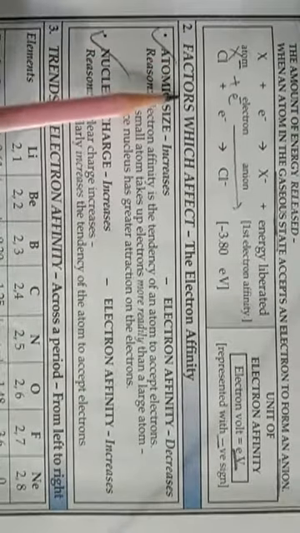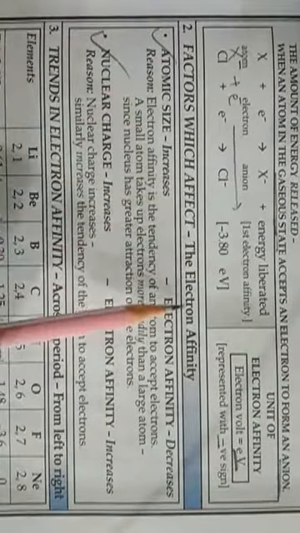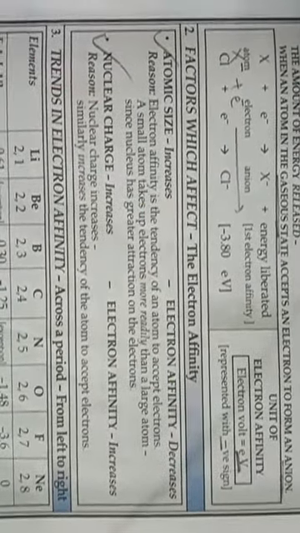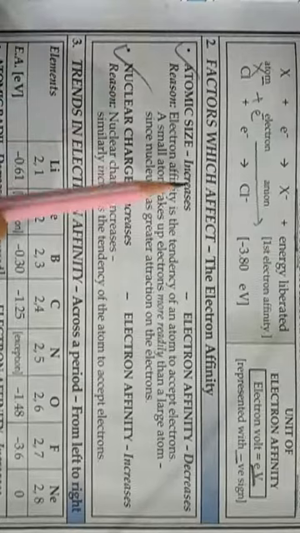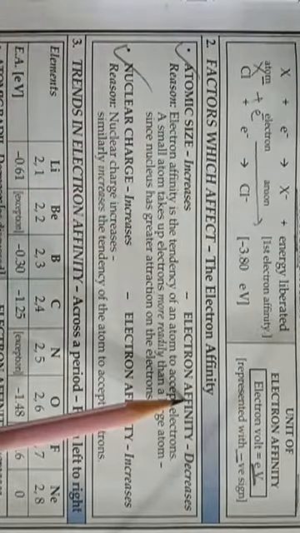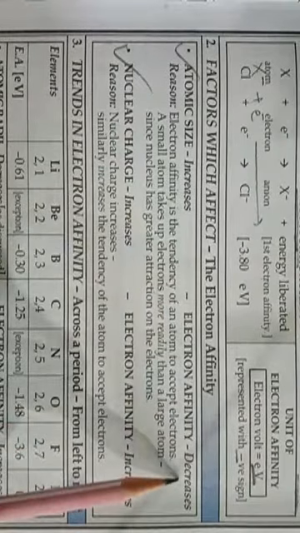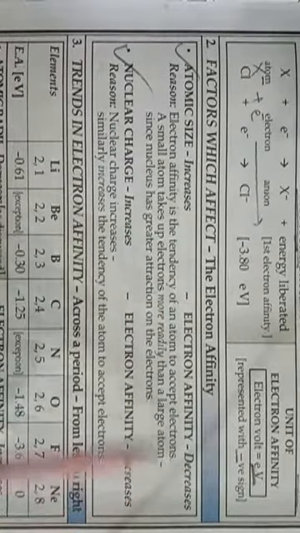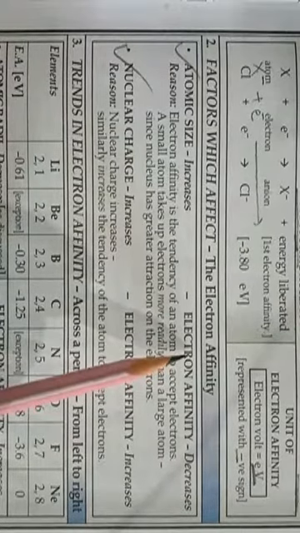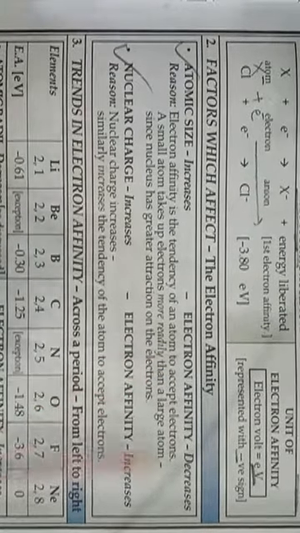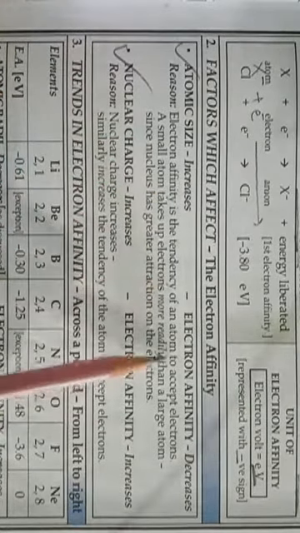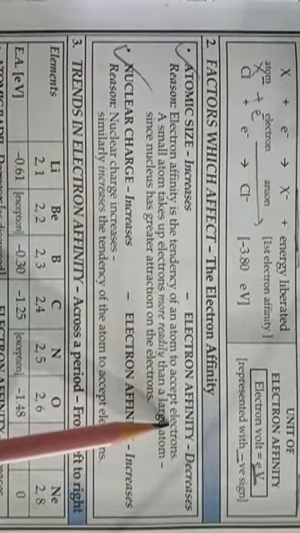Next heading, factors which affect the electron affinity, and the first is atomic size. As atomic size increases, electron affinity decreases. Okay children, as the size of the atom increases, the electron affinity of the related atom will decrease. Reason: electron affinity is the tendency of an atom to accept electrons.